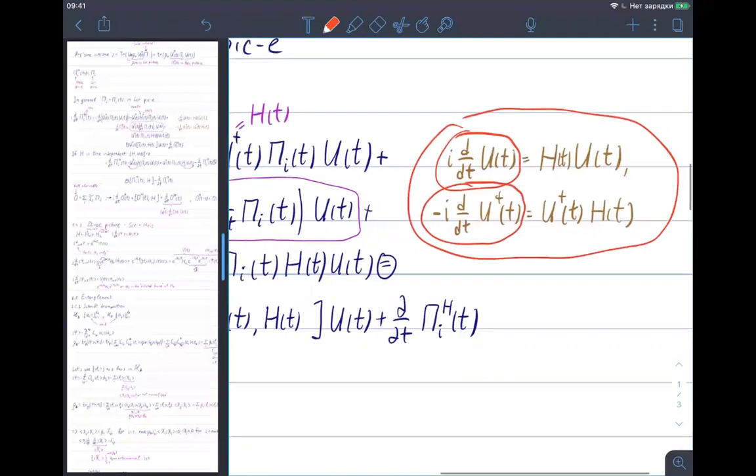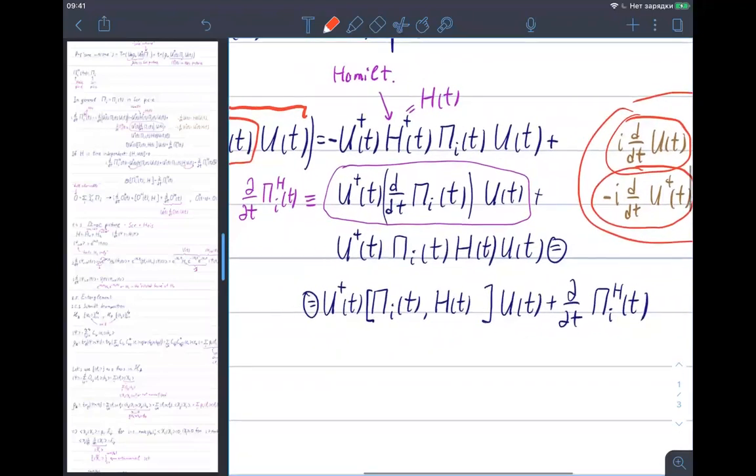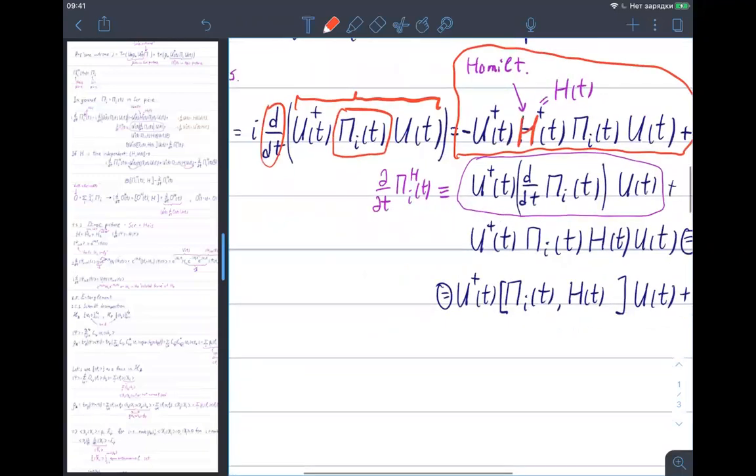We take derivatives of all three parts of our construction and come to three terms. This is the first term. Again, this H is the Hamiltonian, a Hermitian operator, and then it was the derivative of this U plus.